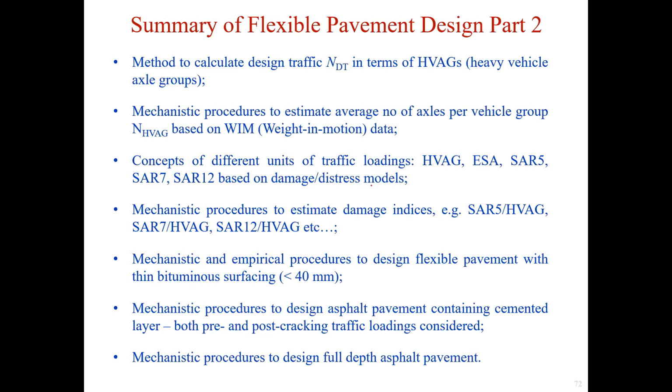Now it is the summary of this lecture. We have learned the method to calculate the design traffic NDT in terms of HVAGs using equation 14. Then the mechanistic procedure to estimate the average number of axles per vehicle group and HVAG from WIM, weigh-in-motion data, based on the sum of the proportion of steer axles, SAST and TAST.